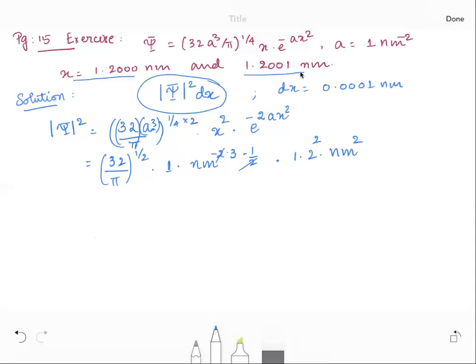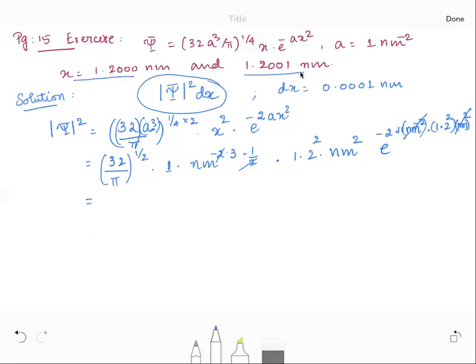So that would be 1.2 squared times nanometers squared times e to the power -2 times 1 nanometer times 1.2 squared nanometers squared. Now the units cancel, so the exponential term is basically unitless.